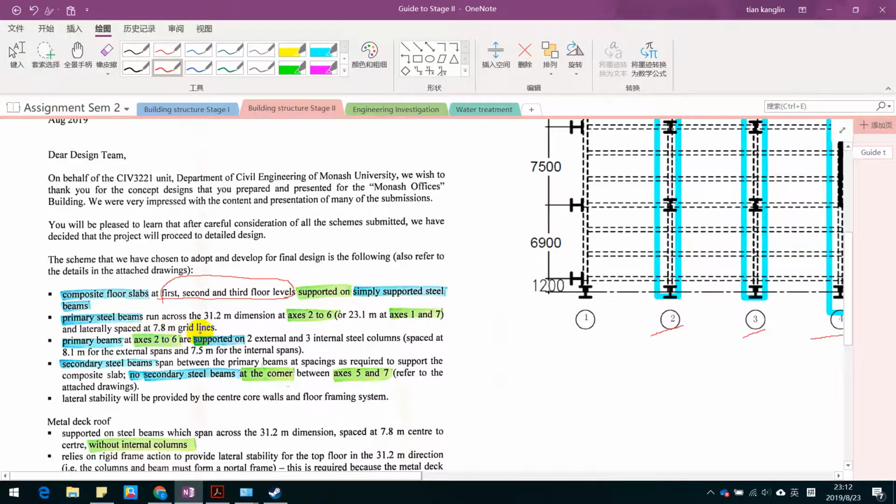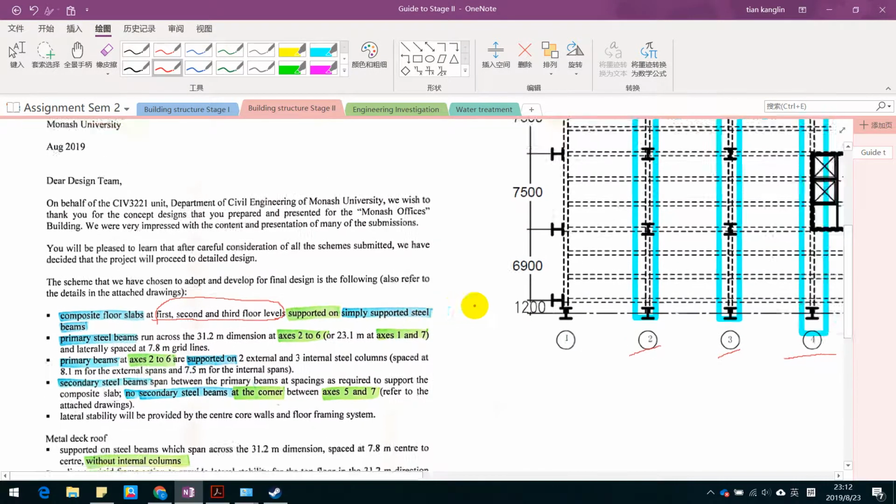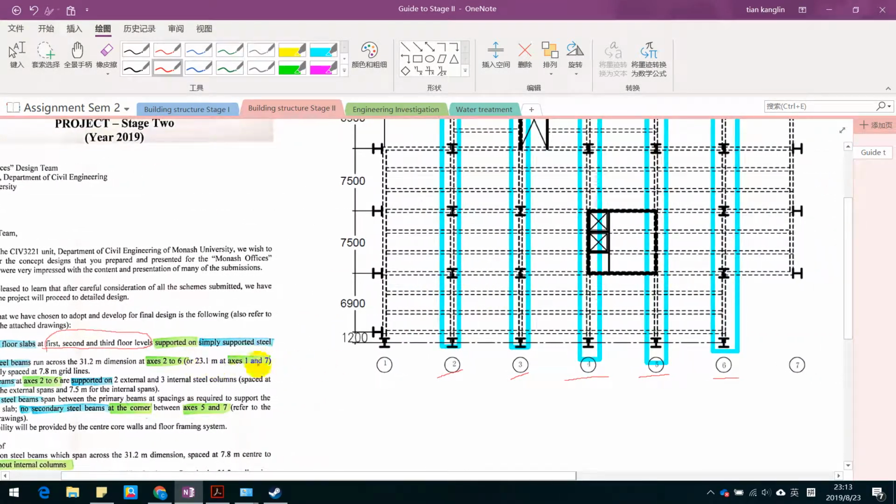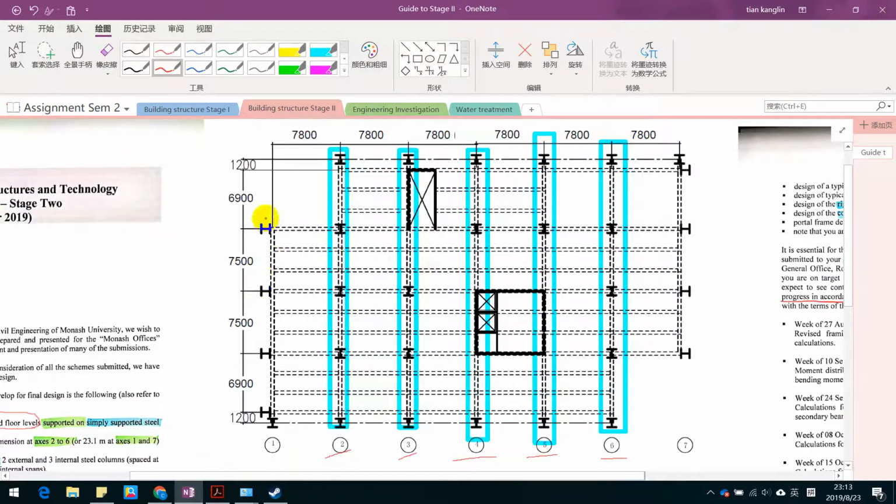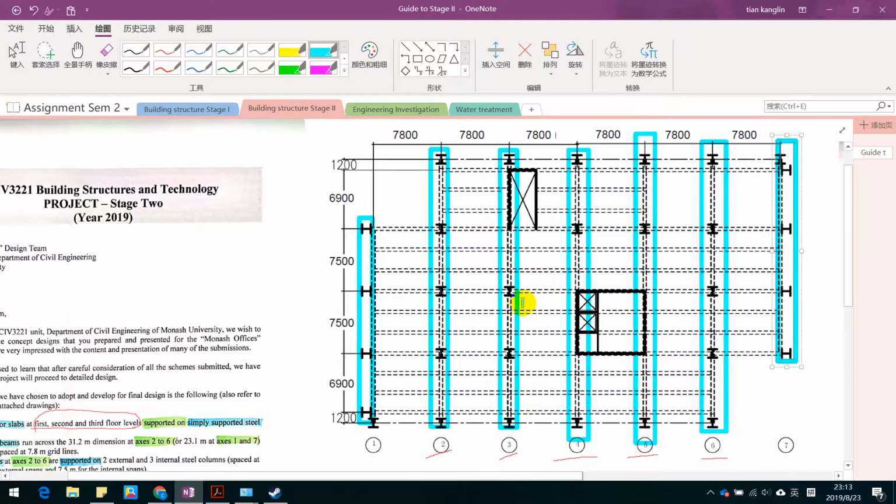Lateral space to 7.2, 7.8 grid lines, and so the primary beams are just running from here to here. And just draw it here to here. Similarly, from here to here.